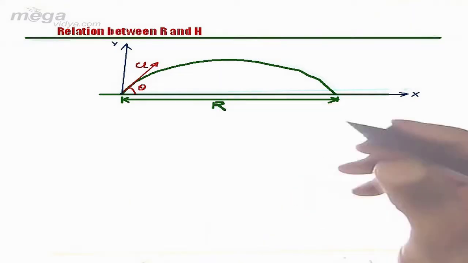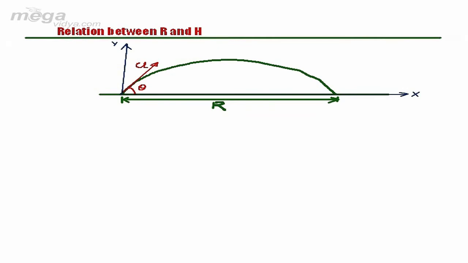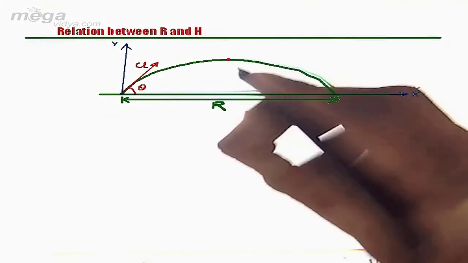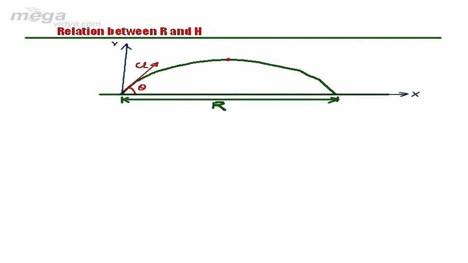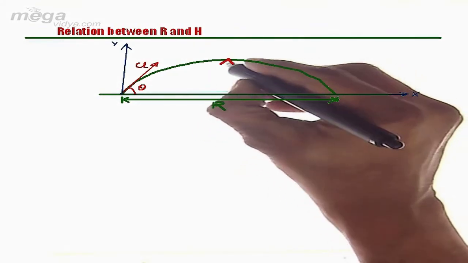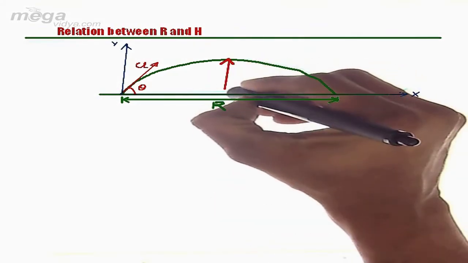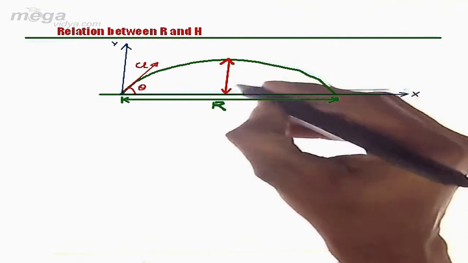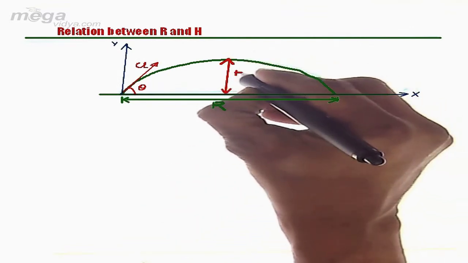We also know the maximum height which the projectile attains is somewhere here, and its distance from the ground is this much, which is also taken as capital H.